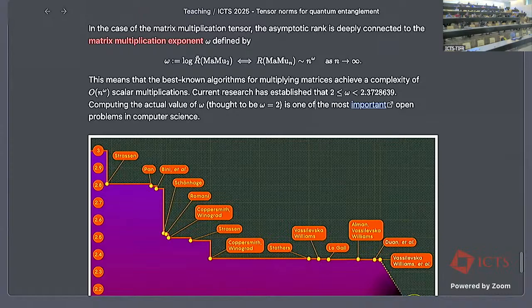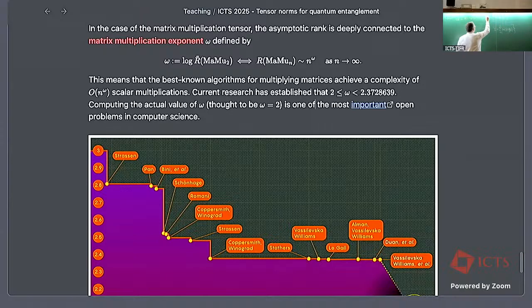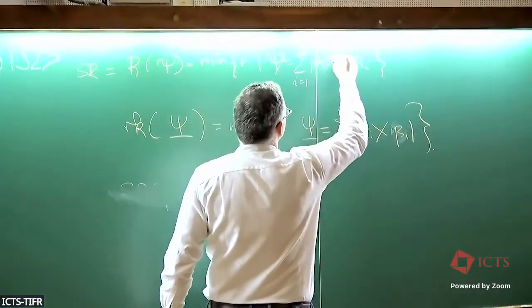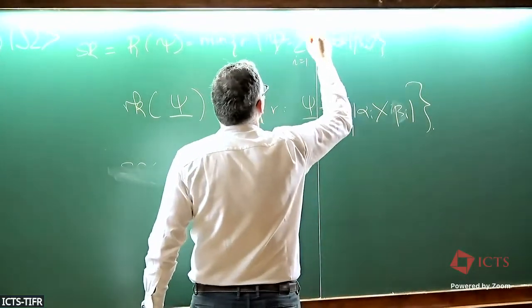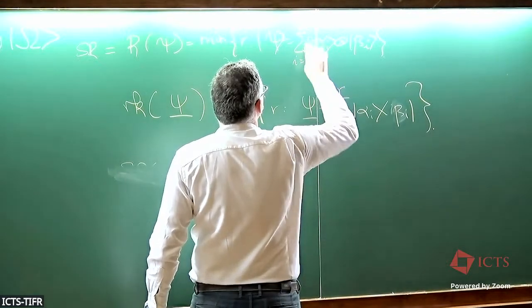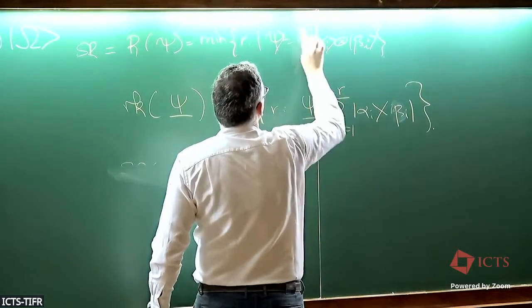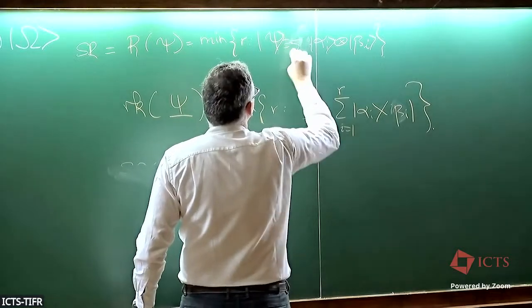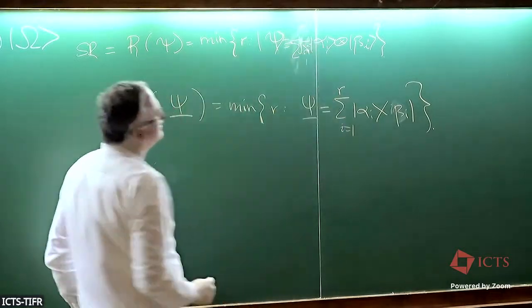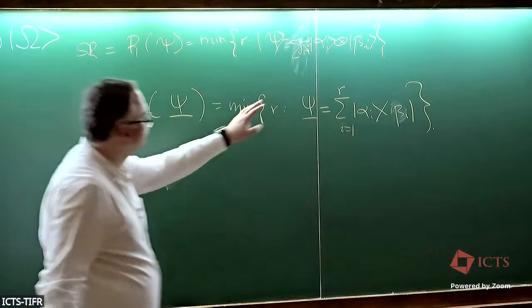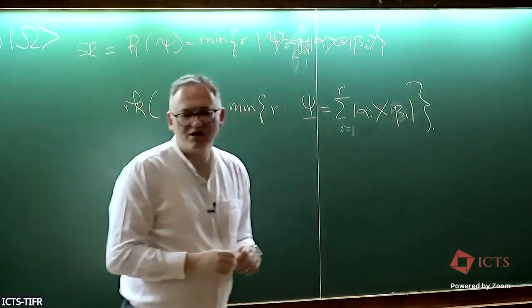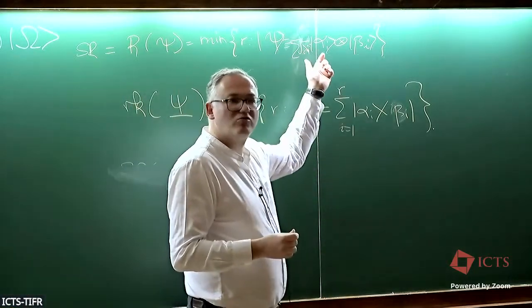So the Schmidt rank of this psi here is precisely this rank. But if you want, I can put cats. Let me write the Schmidt decomposition. This is the Schmidt decomposition when I ask for orthonormal bases, but it's the number of non-zero Schmidt coefficients.